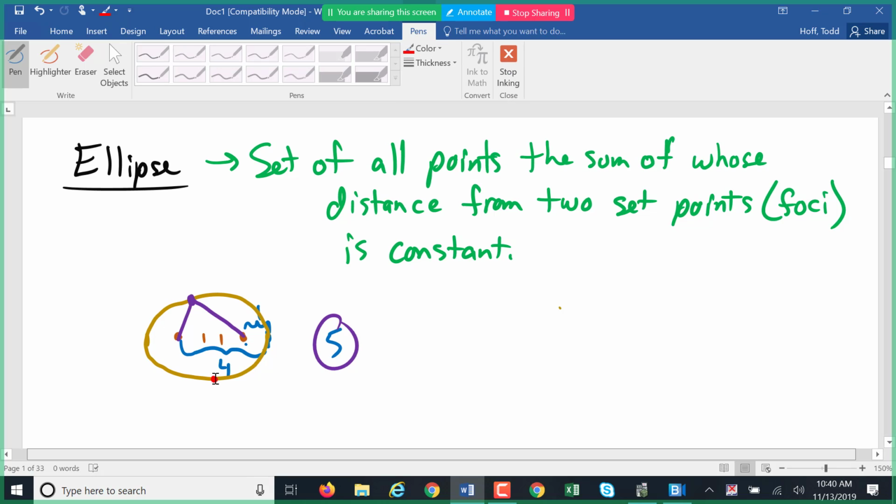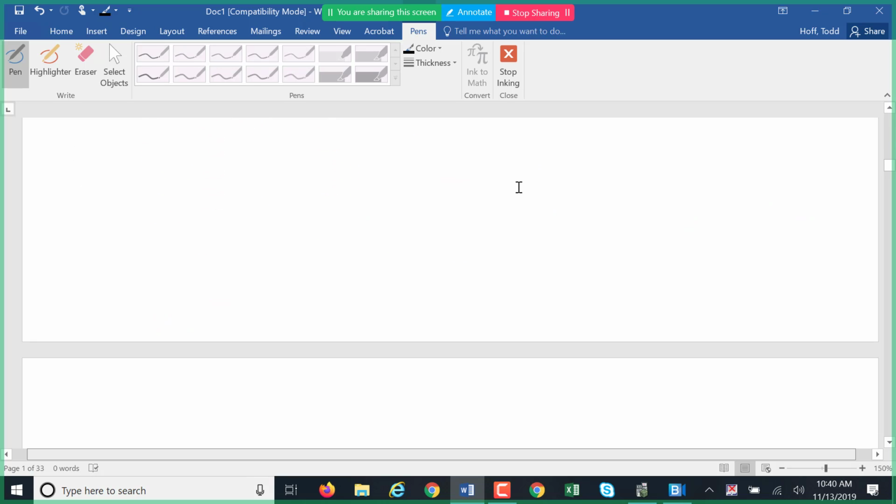If I pick a point here, those 2 distances should add up to 5 units. So other properties of an ellipse, we'll start off with our standard form of equation.